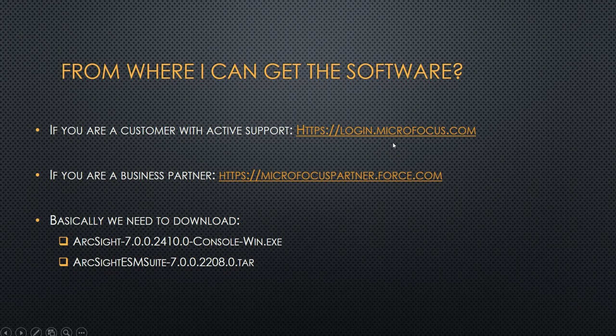From there you can download the ESM software, the smart connectors and all the relevant software that is under your active support SAID. They call it SAID, or actually I cannot remember the abbreviation for it, but it's some sort of support identifier that is unique for every customer.